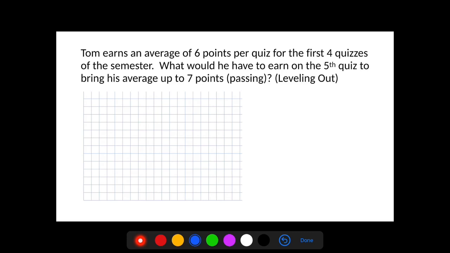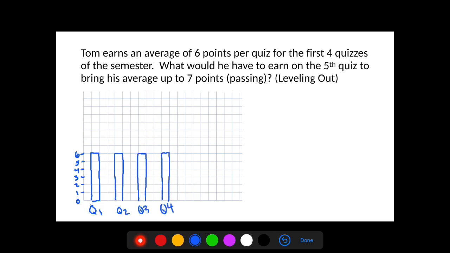So here it doesn't actually matter what the exact grades were on the first 4 quizzes. You could have had 5 on one quiz, 8 on the next quiz. The point is that the average is 6 points per quiz. So I can represent each of the 4 quizzes with a total of 6 points. Then I know I want my average to be 7, so I want to have 7 points per quiz.